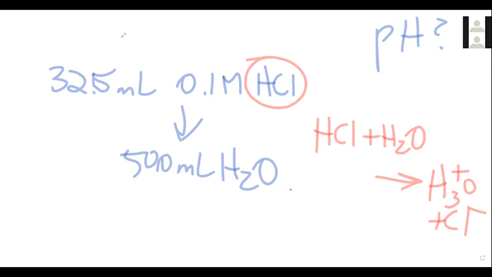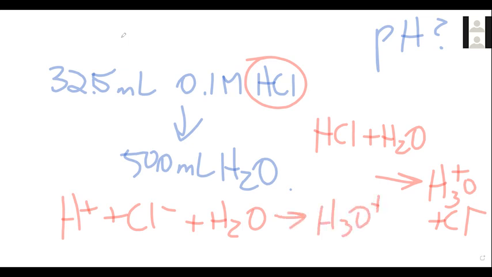But that's not a neutralization reaction. We're just diluting an acid. It's a neutralization reaction if we're adding an acid and a base together. In this instance, the base we're adding is water, so that water is the base, and that's the conjugate acid.